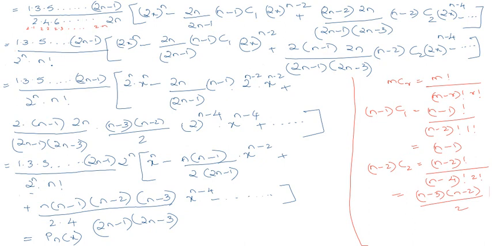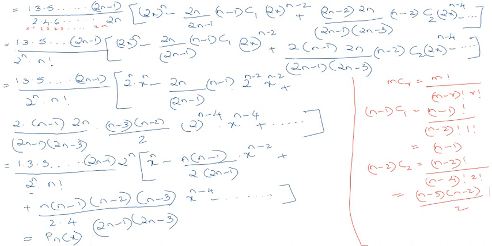This 2 raised to n and 2 raised to n get cancelled, and we are having 1 into 3 into 5 etc. to n minus 1 divided by n factorial into x raised to n minus n into n minus 1 divided by 2 into 2n minus 1 into x raised to n minus 2 plus n into n minus 1 into n minus 2 into n minus 3 divided by 2 into 4 into 2n minus 1 into 2n minus 3 into x raised to n minus 4 minus etc., which is Pnx.